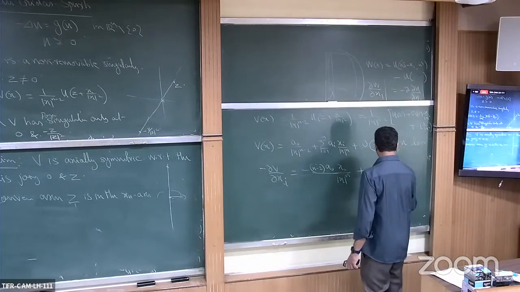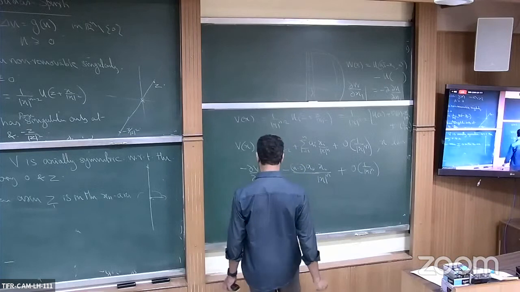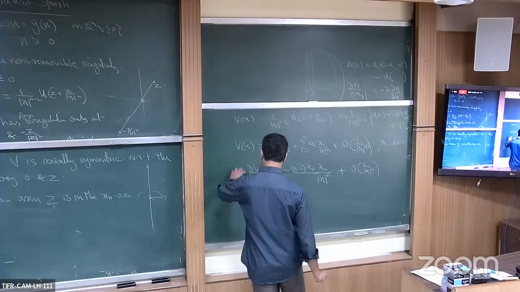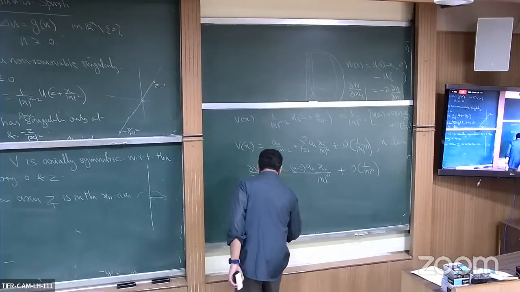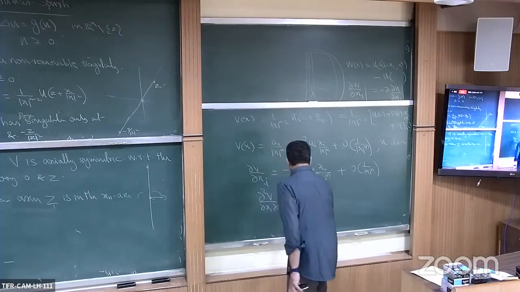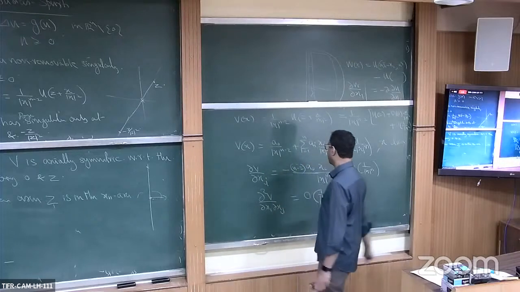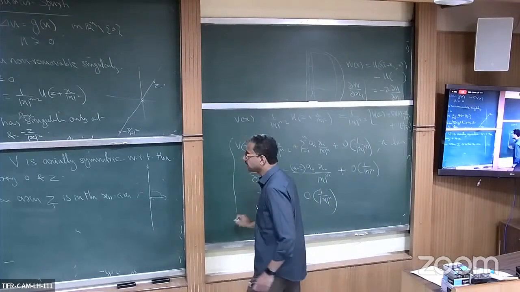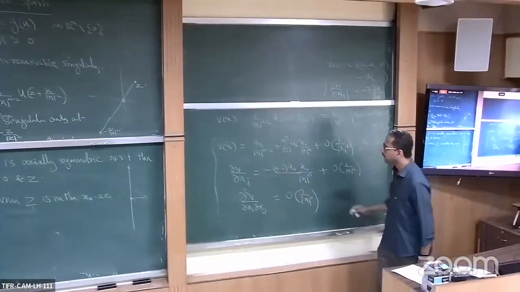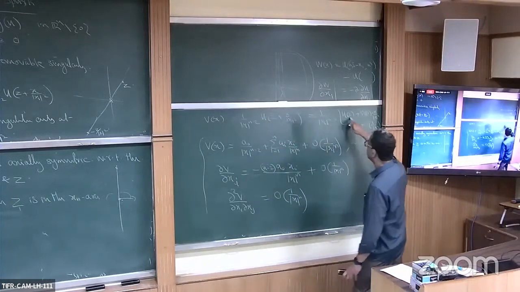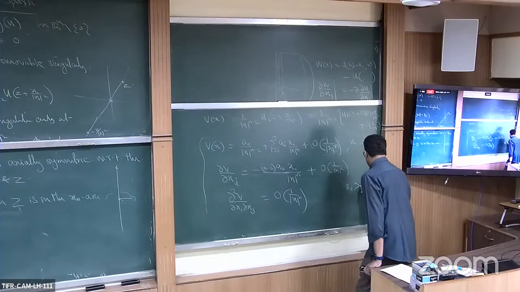So you will get 1 by mod x square. You get this, and then you will have d square v by dx square. This is going to be equal to the order of. So this function v, which we have defined at infinity, has this kind of behavior. And you look at that, this a0 is basically u of z.